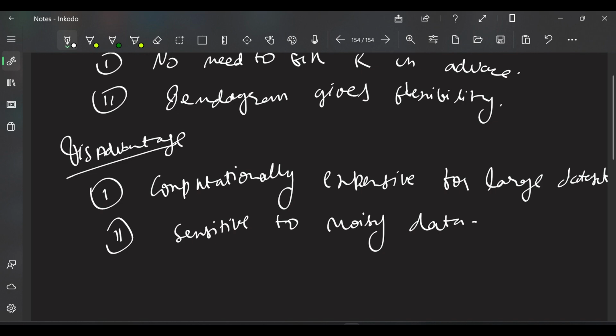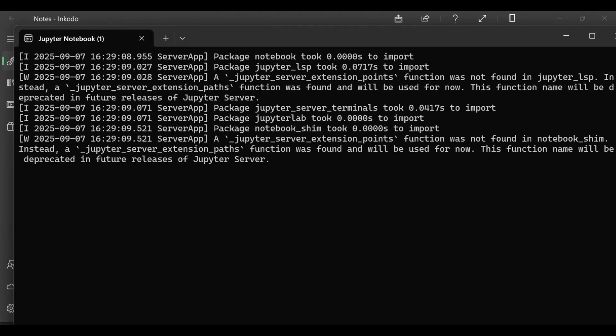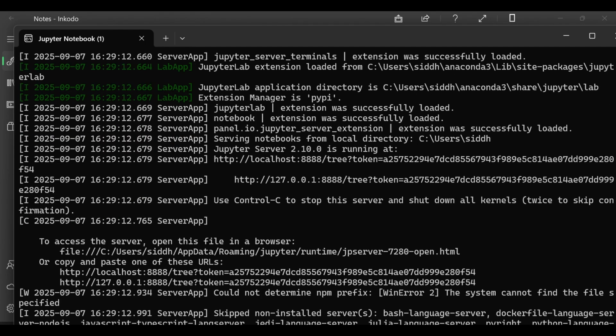So let's do the practical demonstration of agglomerative clustering and the dendrogram. For this, let me open my Jupyter notebook. It will take 10 seconds, just wait.